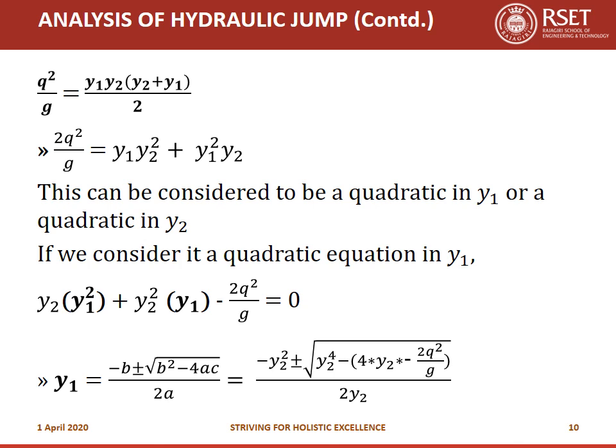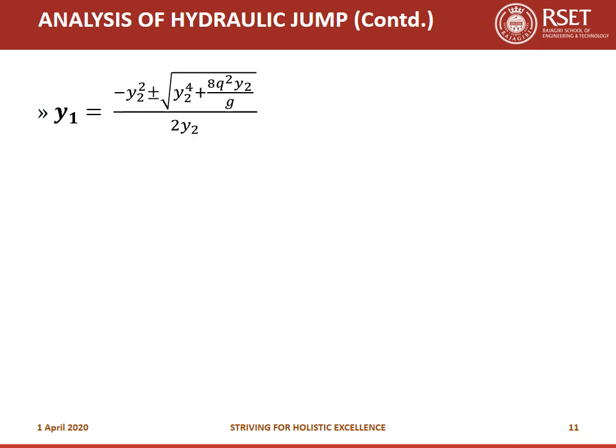Substituting everything, y1 is equal to minus y2 squared plus or minus root of y2 raised to 4 minus 4 into y2 into minus 2Q squared by g, divided by 2y2. Simplifying, y1 is equal to minus y2 squared plus or minus root of y2 raised to 4 plus 8Q squared y2 by g, divided by 2y2.